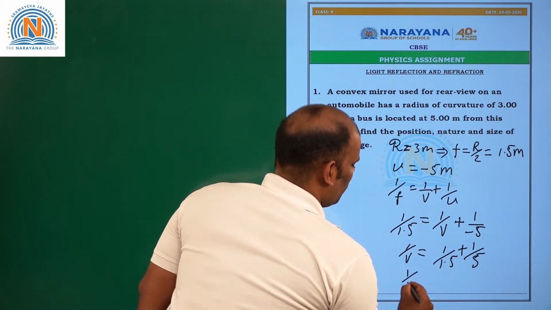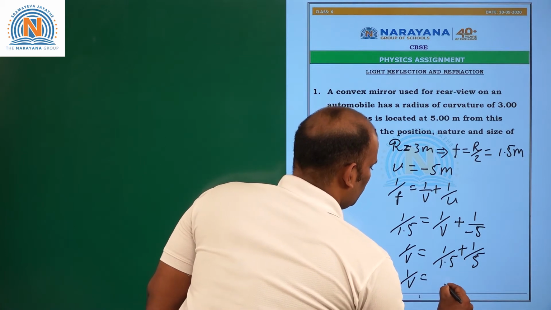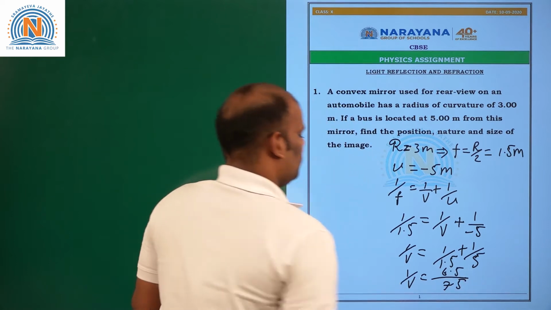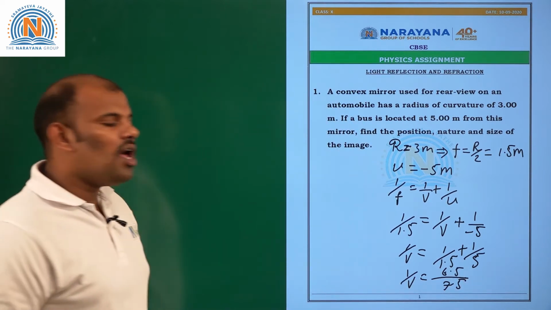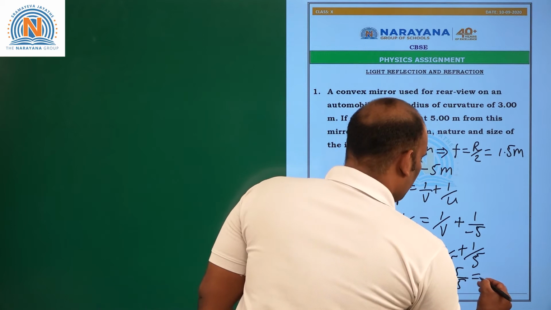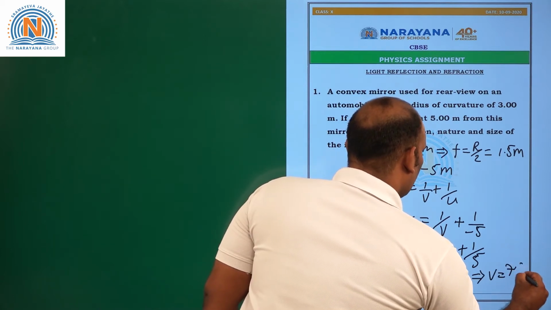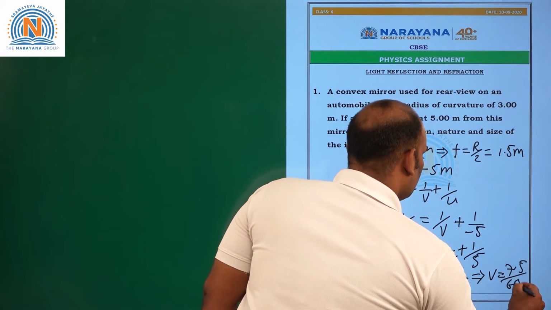So you get 1 by v is equal to 6.5 over 7.5. From this, v is equal to 7.5 over 6.5.